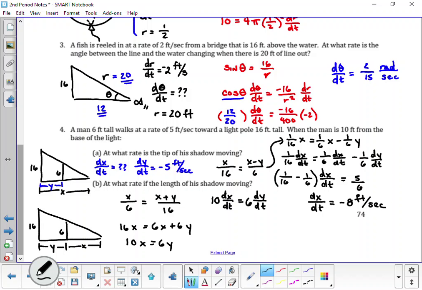And then dy/dt is negative 5. Ooh, much easier, Aryan. Negative 3 feet per second.